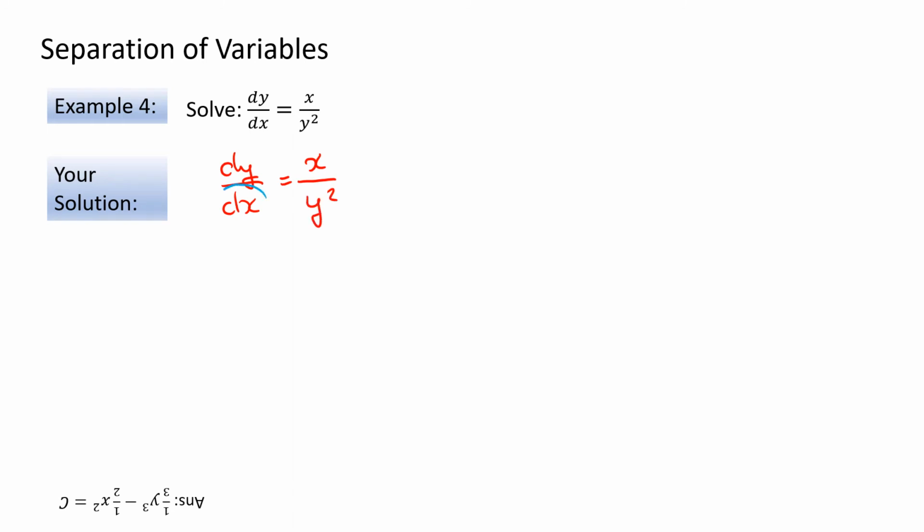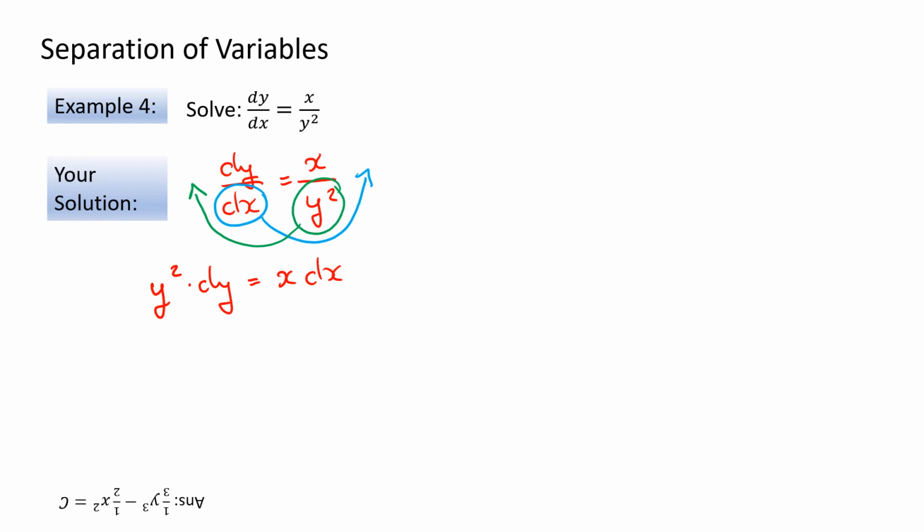We can take this dx term and move it to the other side by multiplying, and the same goes for this y squared term. If we do that, we end up with y squared times dy is equal to x times dx. Some of you might call that cross multiplying, when you're multiplying across both sides of the equation.